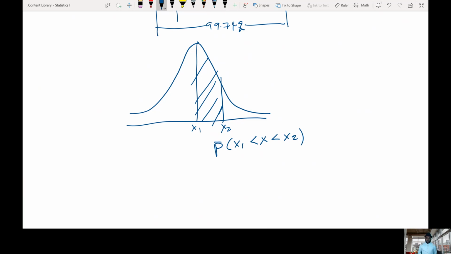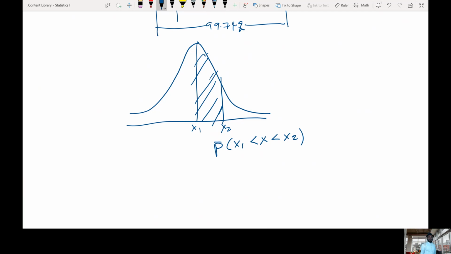So we're going to find this area, and we're going to see how to find it. Okay, awesome.